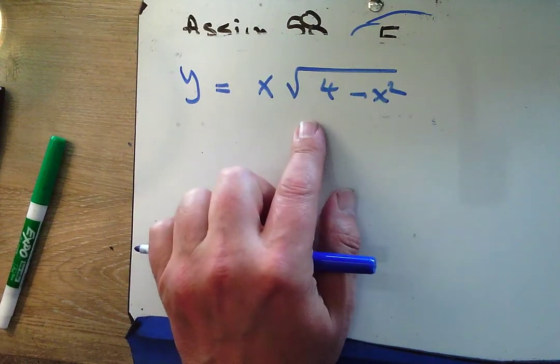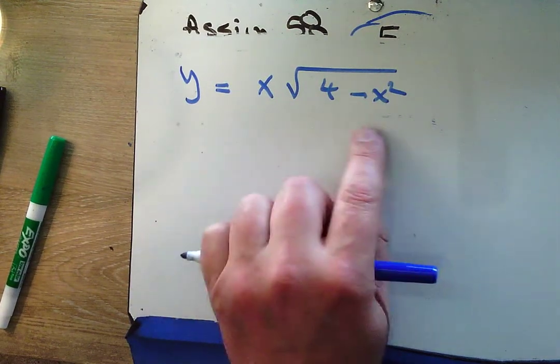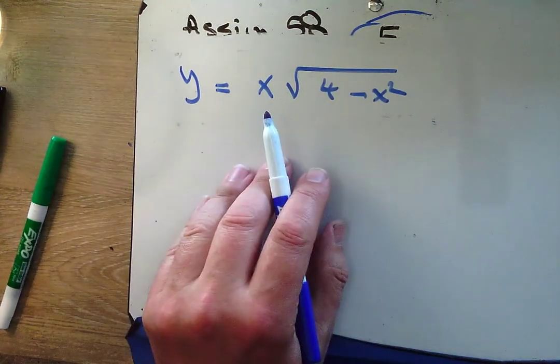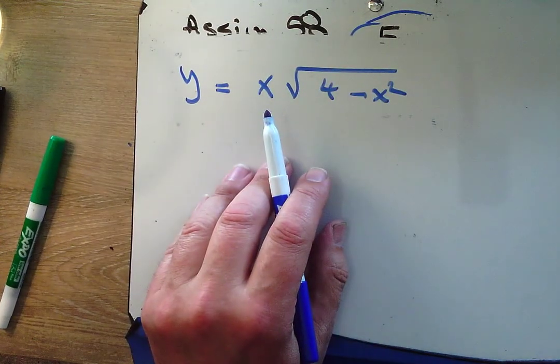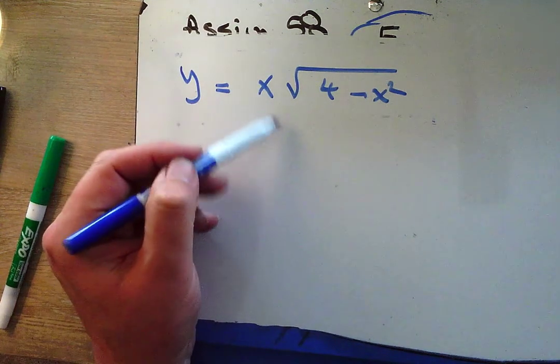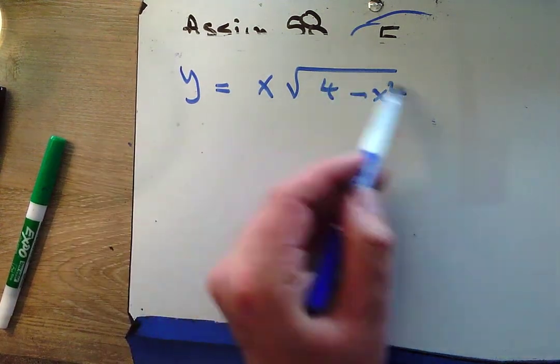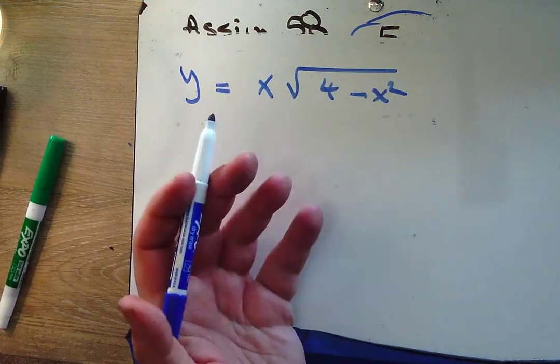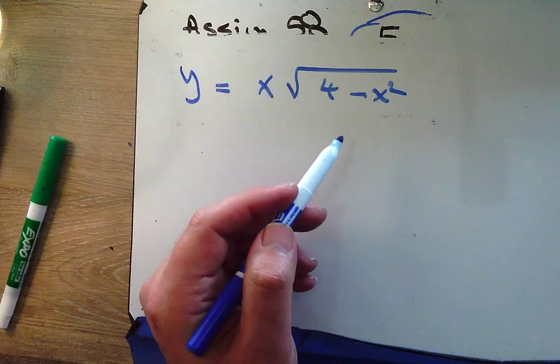Domain. Can the domain of this be negative infinity to infinity? How would you know? Well, I agree. I can put any number I want in there. But here, what can't I have under a radical? I can't have a negative under an even index radical.